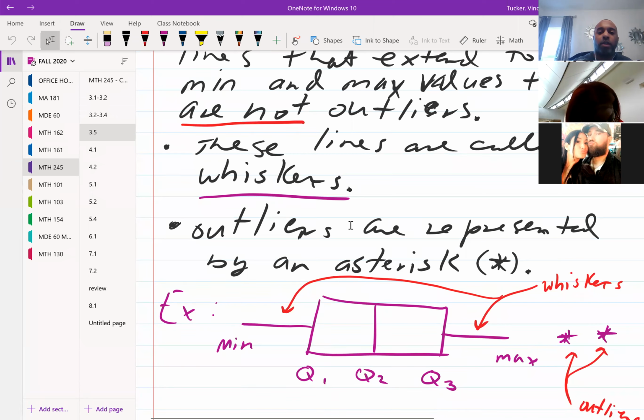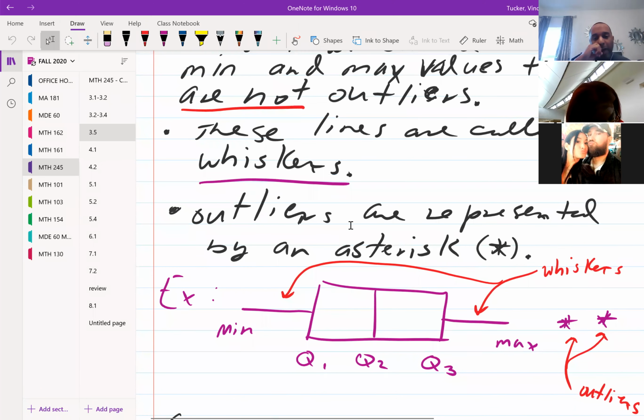Here's a generic example of how a box plot would look. You have the minimum, maximum. Remember, these are minimum and maximum values that are not outliers. Q1, Q2, and Q3 would be points that make up your box. And then notice I have outliers over there to the right, which would be represented by asterisks.